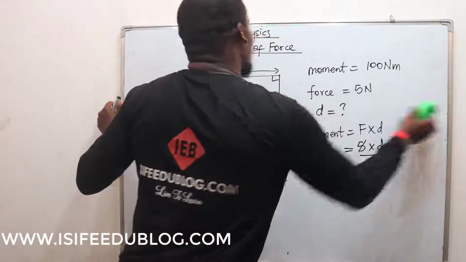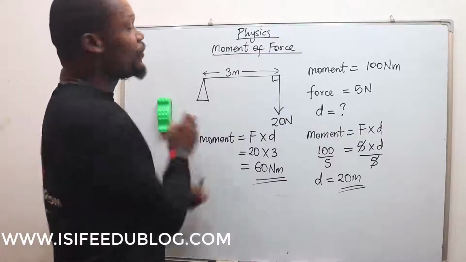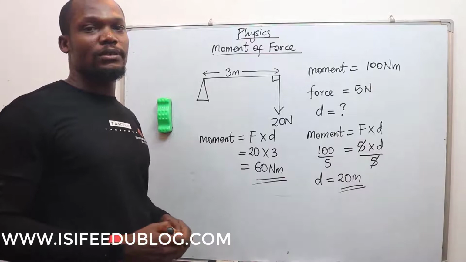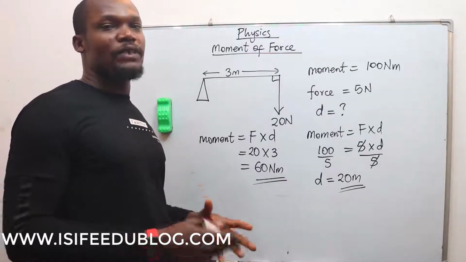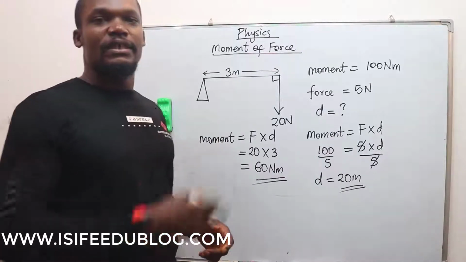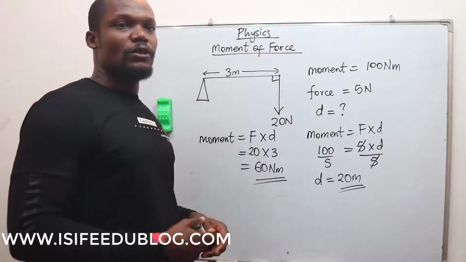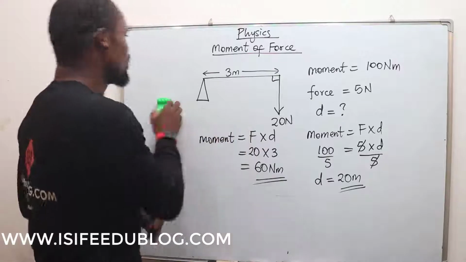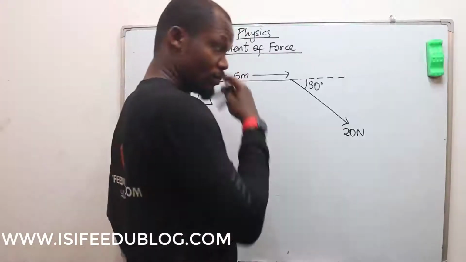How about a situation whereby the force is not perpendicular to the fulcrum or to the turning point? There we have to first of all get the vertical component of the force before we solve it with whatever is given for us to solve. Let me give you an example.